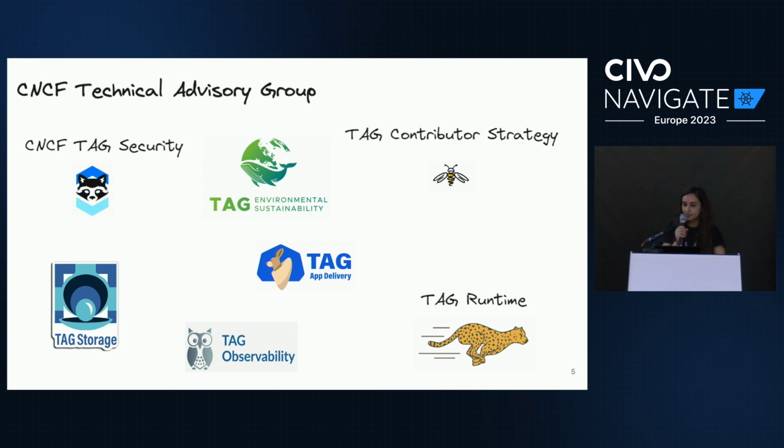TAG Storage is one of them, but in today's talk I will be focusing on TAG Environmental Sustainability. This is the main agenda of the talk today, to create awareness about TAG Environmental Sustainability, as this is a very new group in CNCF, and this year at KubeCon EU, many talks were around this.